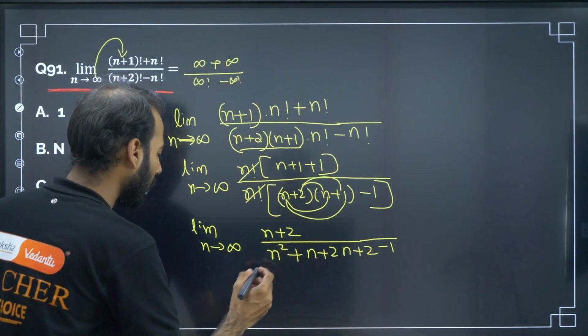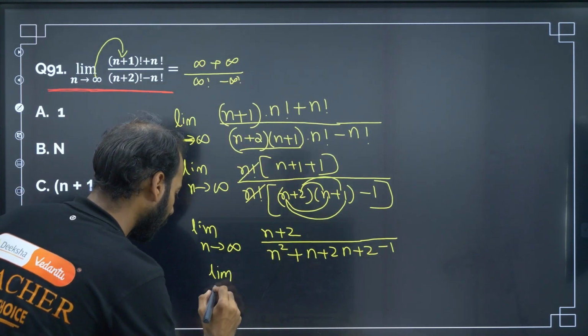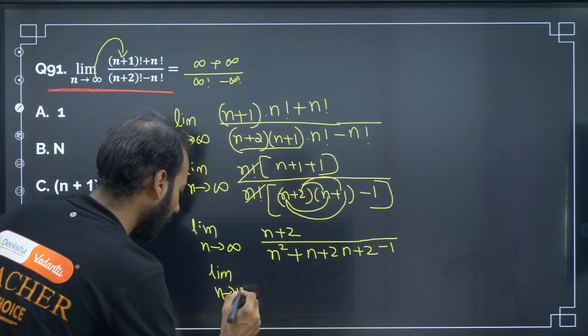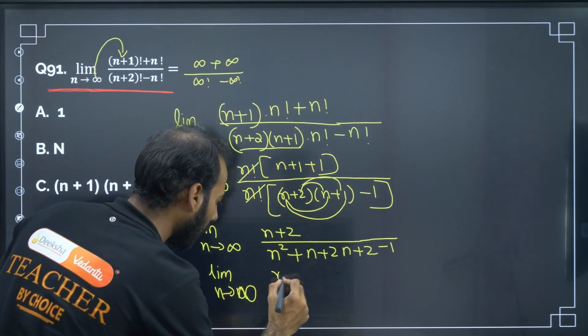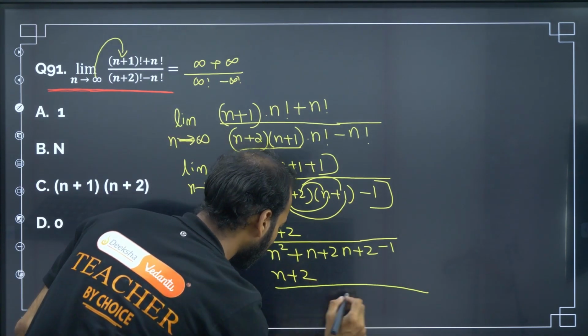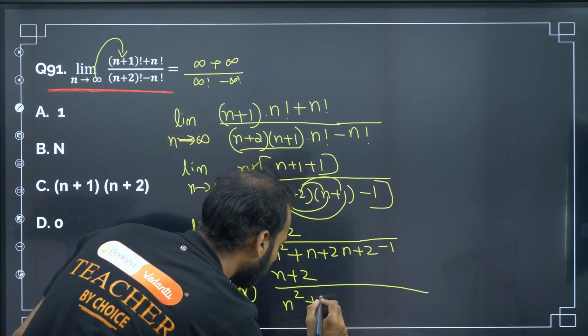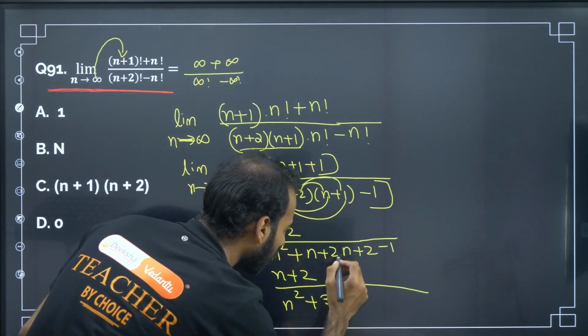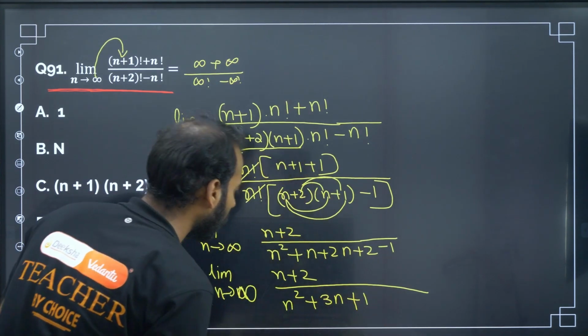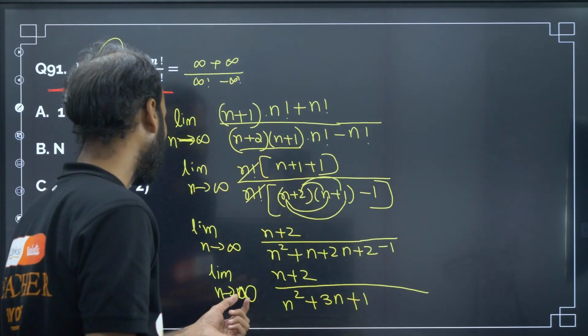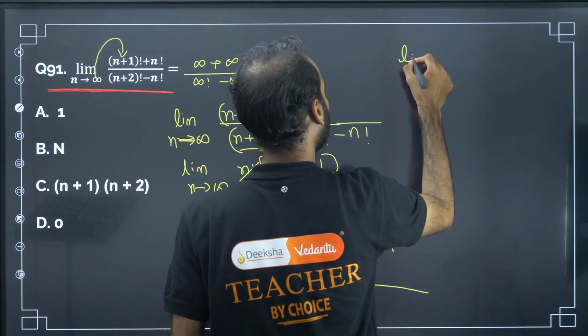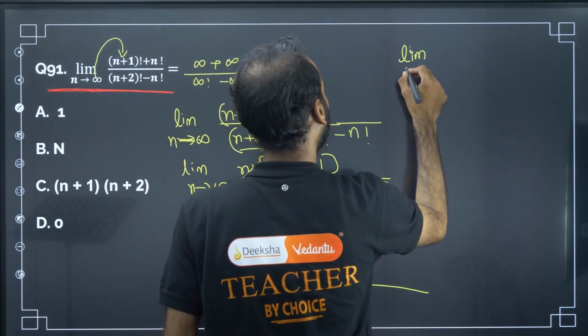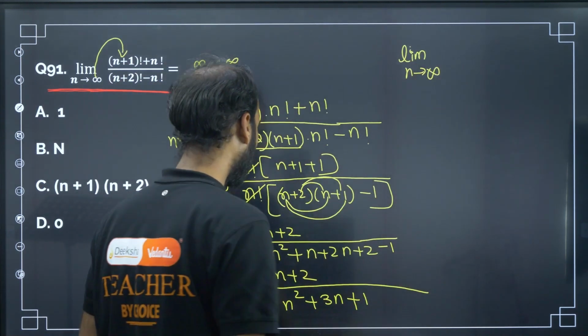Now let me simplify this and rewrite it properly: n plus 2 over n square plus 3n plus 2 minus 1, which is 1. Next, limit n tends to infinity.